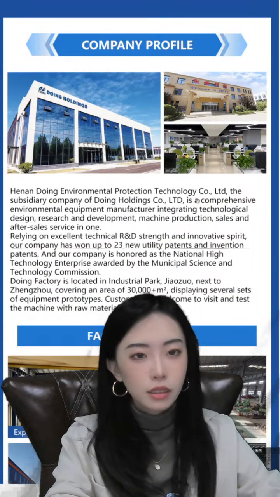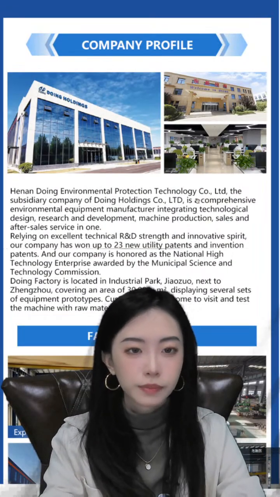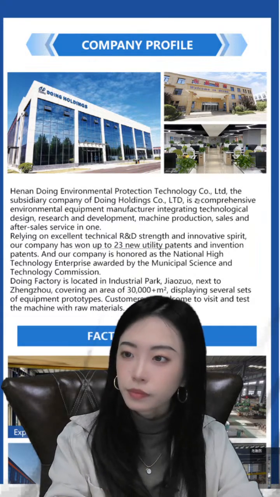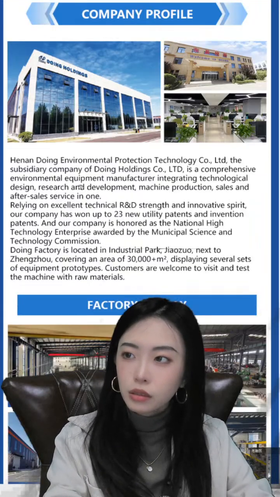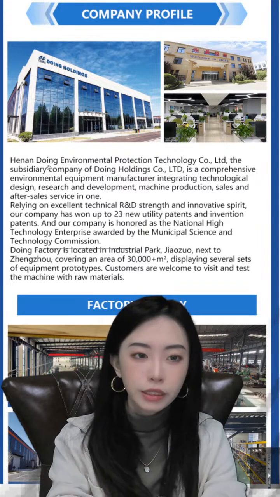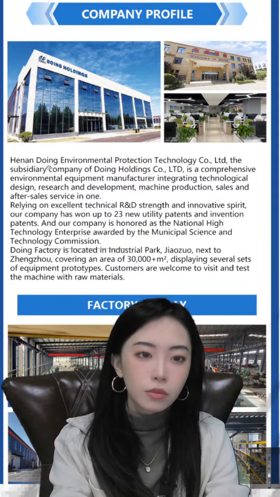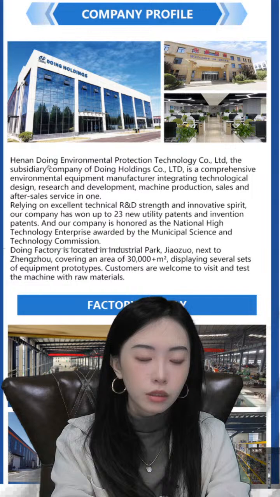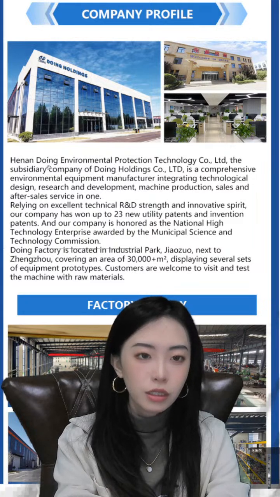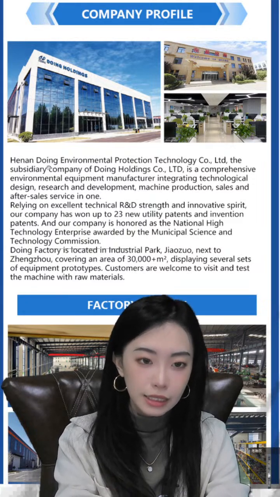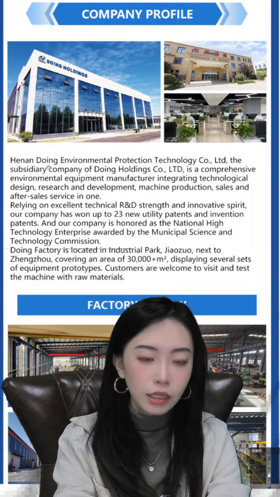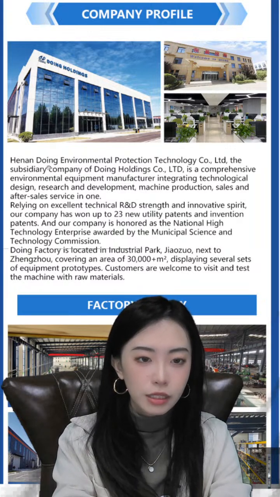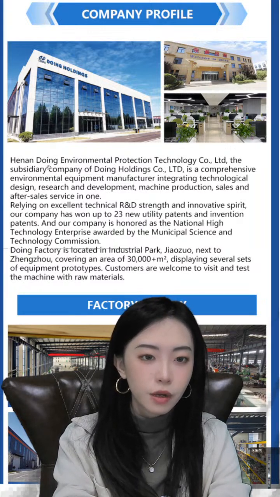And this is some profile of our company. Henan Doing Environmental Protection Technology is one of the subsidiary companies of Doing Holdings. This is a comprehensive environmental equipment manufacturer, integrating technology design, research and development, machine production, sales, and after-sales service in one.